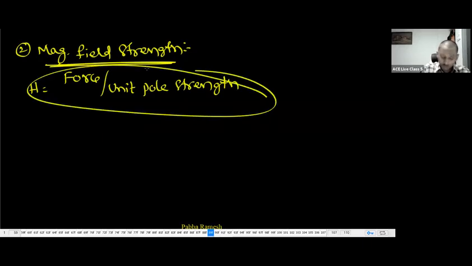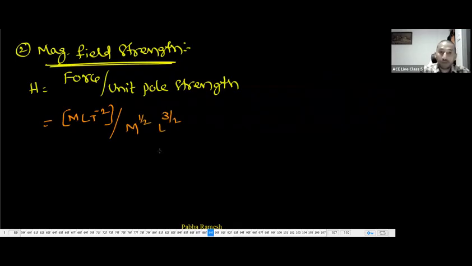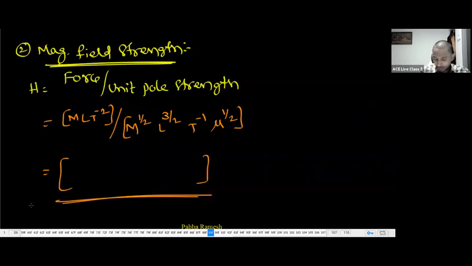It might be new to you, but it is the general formula. Magnetic field strength is force per unit pole strength. Force is M L T minus 2, and pole strength we have already taken here. Therefore, M power 1 by 2, L power 3 by 2, T power minus 1, mu power 1 by 2. You are going to get the value of magnetic field strength.